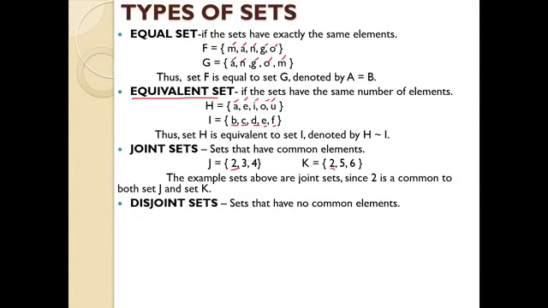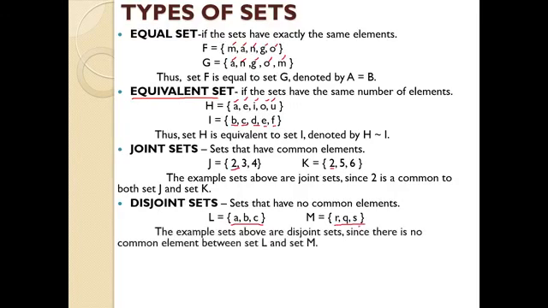It's the opposite of joint sets. Sets that have no common elements. For example, these 3 letters here and these 3 letters here. No common letters. Therefore, the two sets are considered disjoint sets.